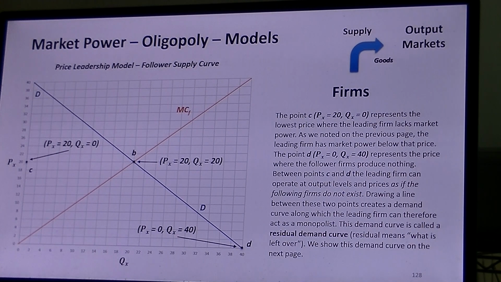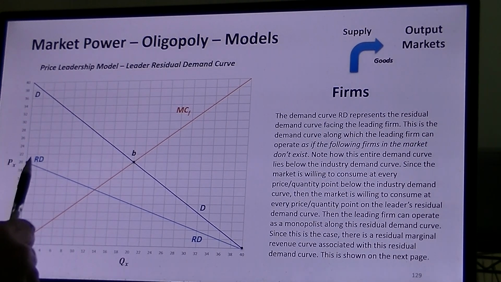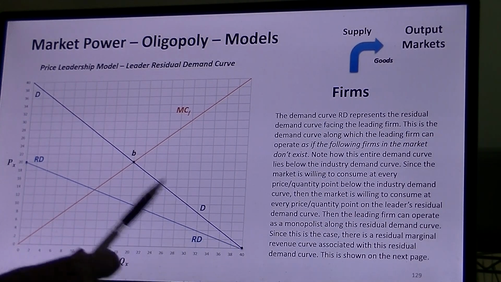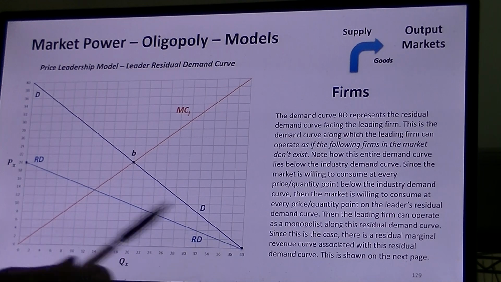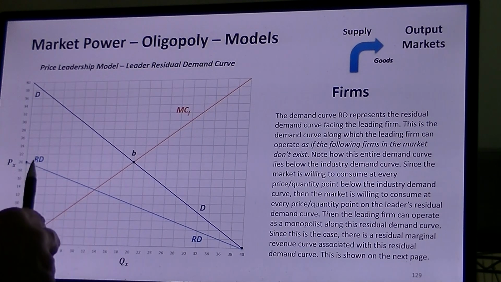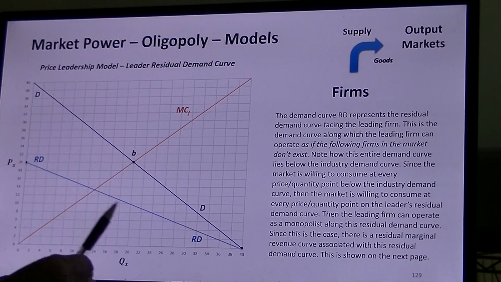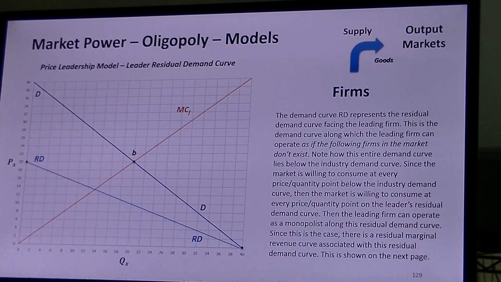That's the leftover. Residual means what is left over, and we'll see that the residual demand curve goes from this point down to that point. If the leader firm operates along this demand curve, then it has market power.